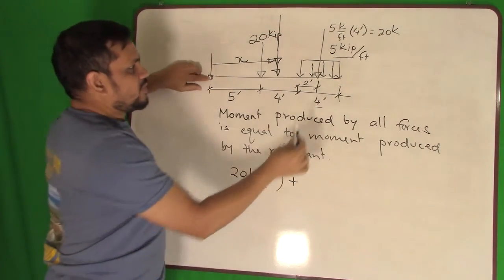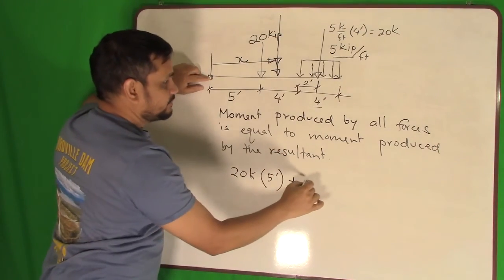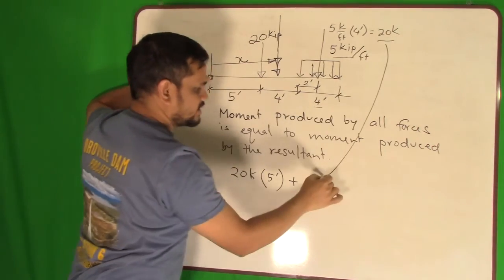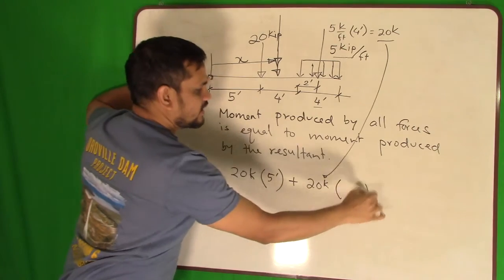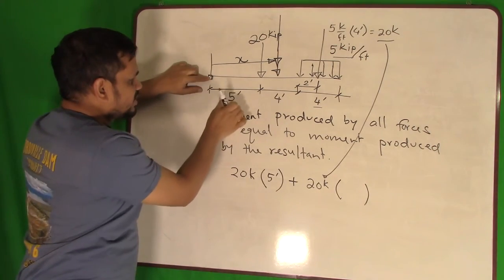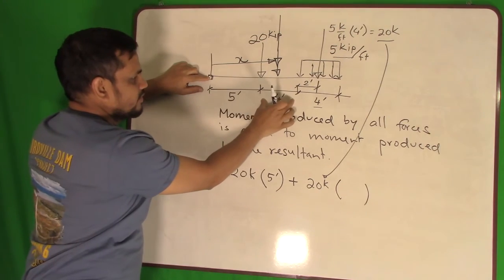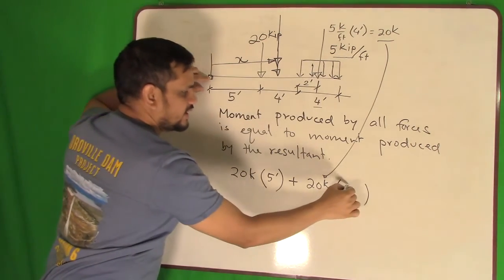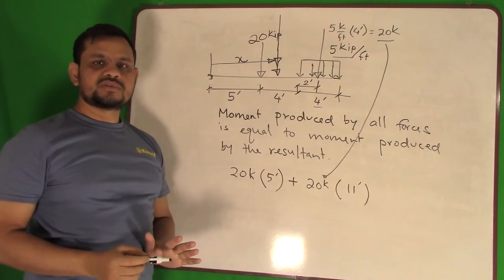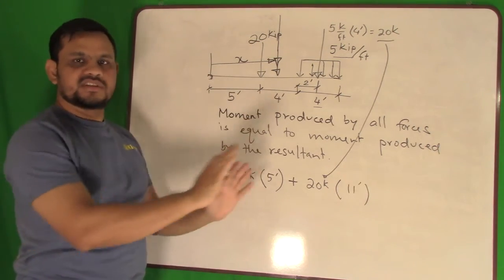Then the moment produced by this force is how much? 20 kip times my distance from the reference point. My reference point: 5 plus 4 is 9, plus 2 is 11 feet. That is the moment produced by the forces given.